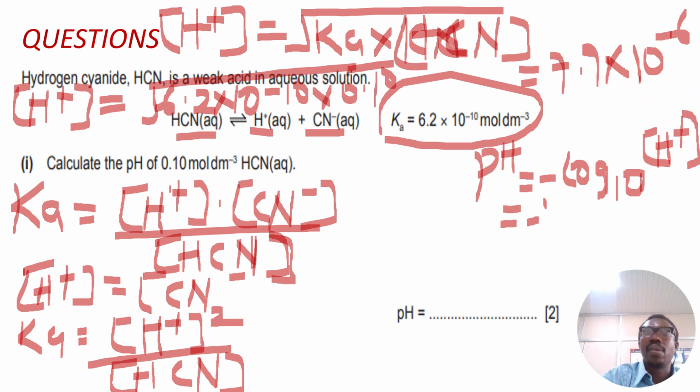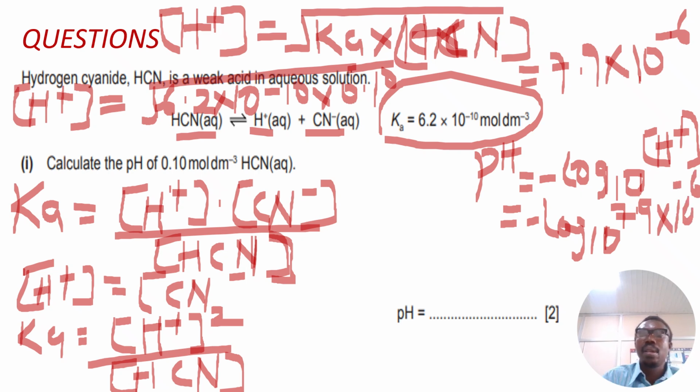It's equal to the negative logarithm to base 10 of 7.9 times 10 raised to the power minus 6. So the pH will be equal to 5.1, which is approximately 5. So the pH is equal to 5.1.